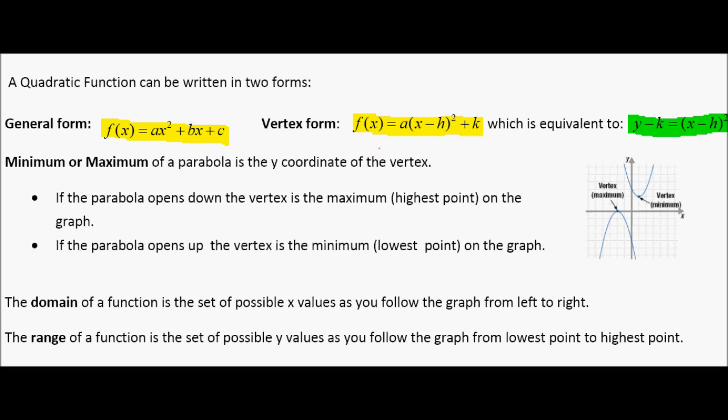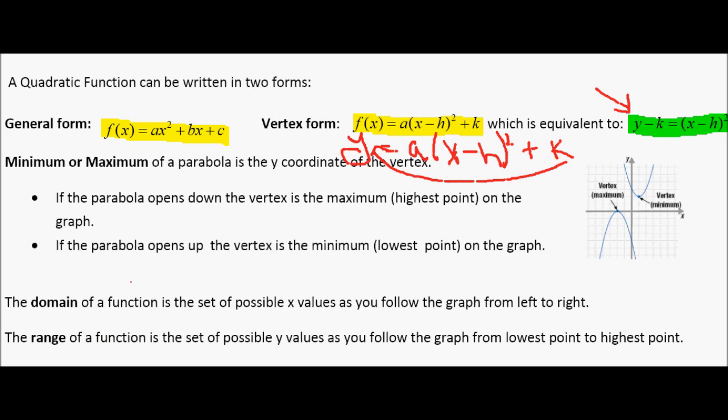So if I look at this vertex form and I replace f of x with y, this would read y equals a times x minus h squared plus k. And you can see if I simply subtracted the k over to the other side, I would end up with this vertex form of the equation that we saw in 7.5 when we were graphing.